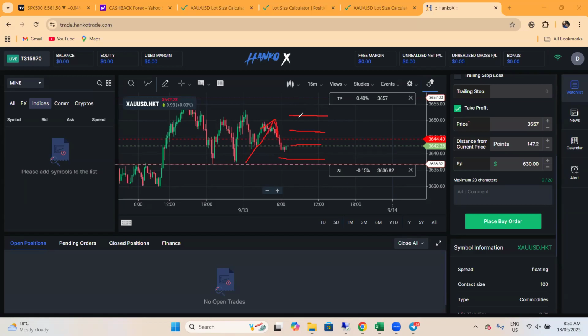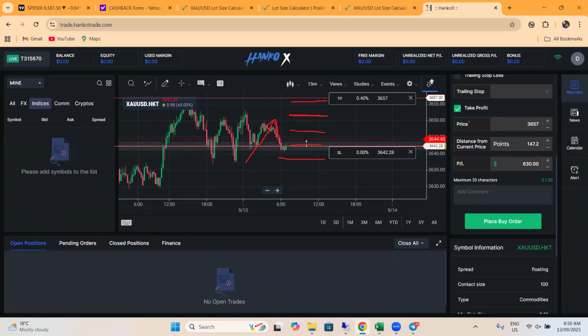But once it comes, if you're later on doing TP2, TP3, for example, right? What you would do is you would move your stop loss to entry to protect your account, right?